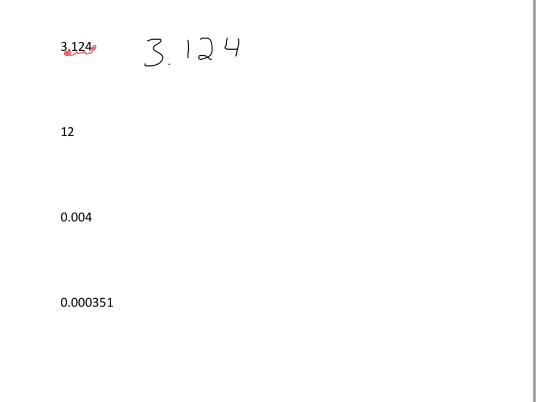So what I need to do is multiply this number by 1,000. When you multiply a number by 1,000, that means you move the decimal point back over 3 to the right. So that means I would have the same number I had before. That doesn't look very clever, does it? 3.124 times 1,000 is 3,124.